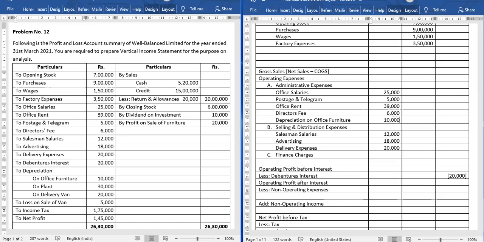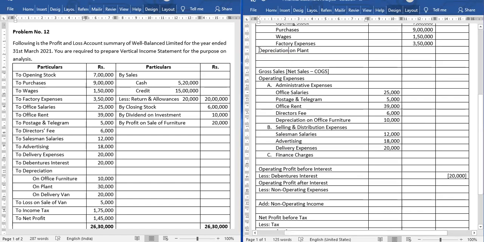Next is depreciation on plant. Depreciation on plant goes to COGS. Then here depreciation on plant.